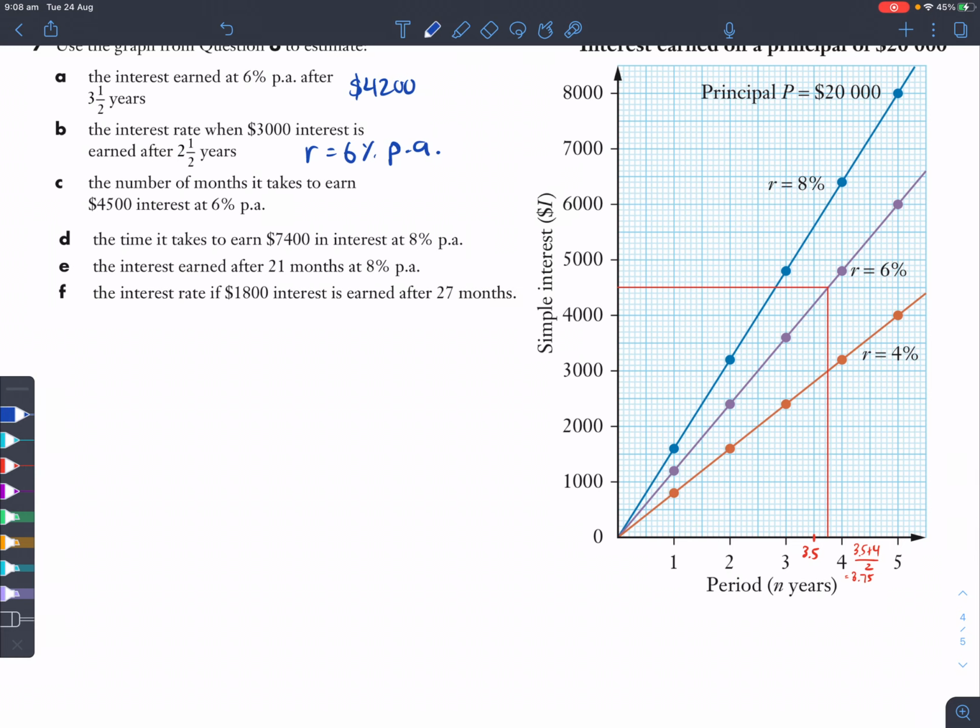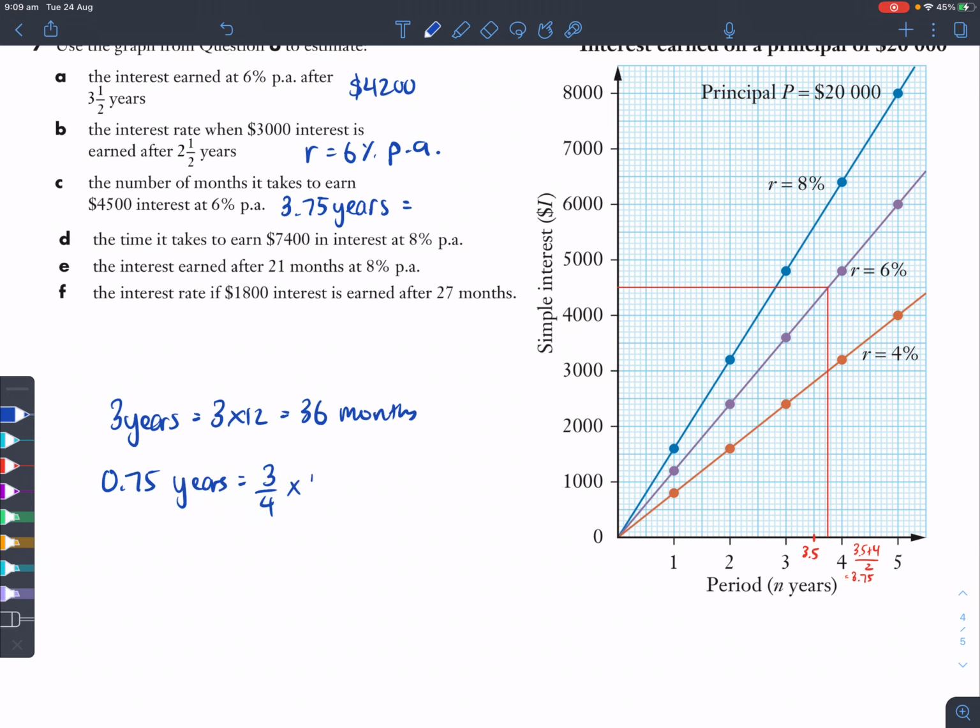But after writing 3.75 years, I have to convert that to months. I know 3 years is equal to 3 times 12 months, which is 36 months. Now, 0.75 of a year, which is the decimal part of this number, is the same thing as 3/4 of a year.